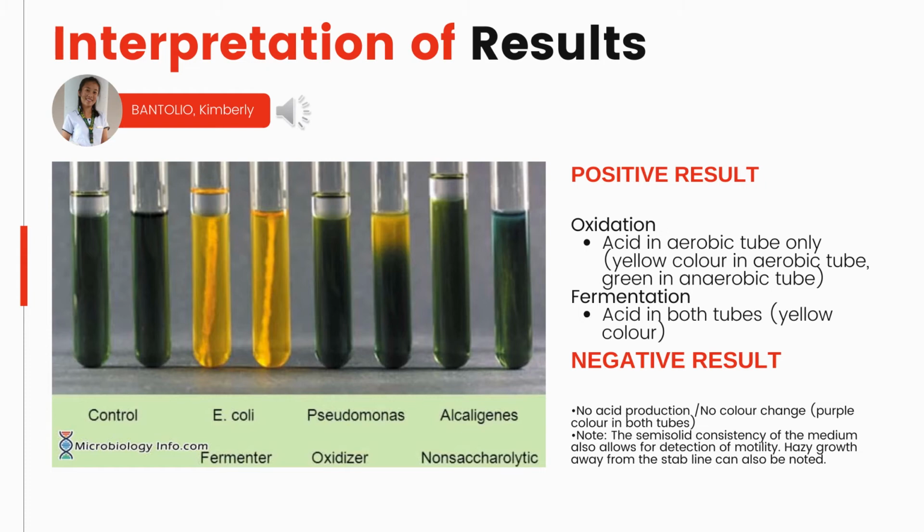For the negative result, neither fermentation nor oxidation, no acid production or color change, purple color in both tubes. Note that the semi-solid consistency of the medium also allows for detection of motility. Hazy growth away from the stab line can also be noted.